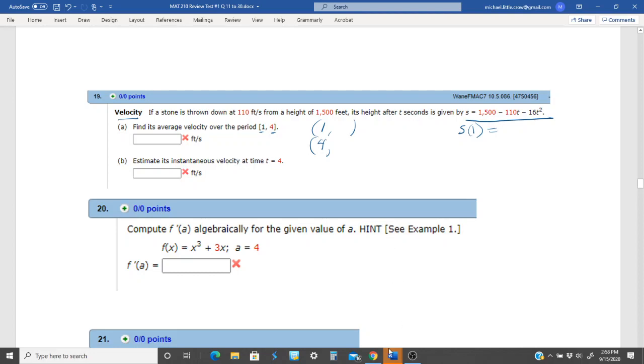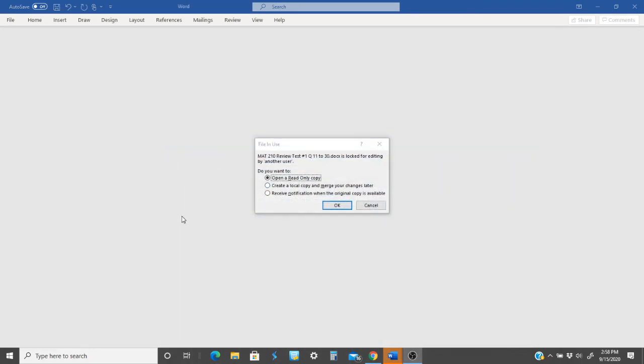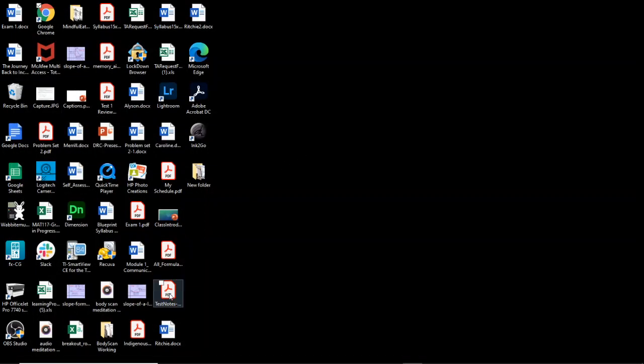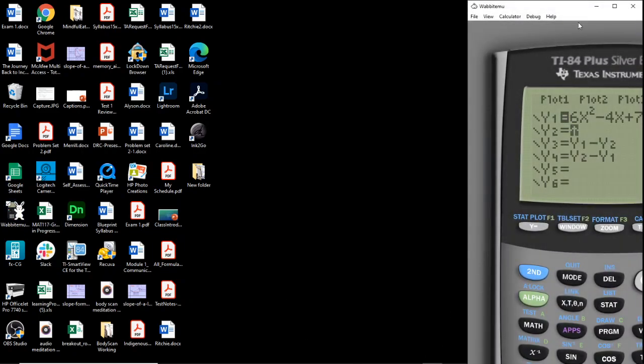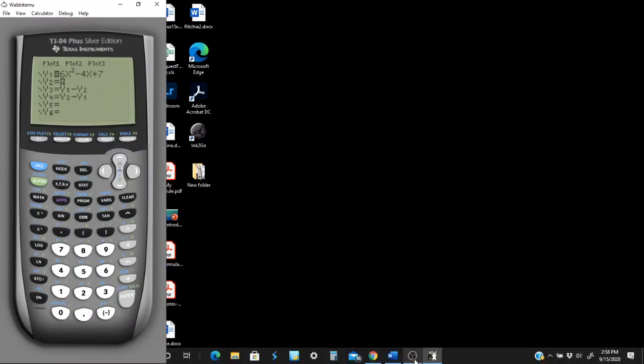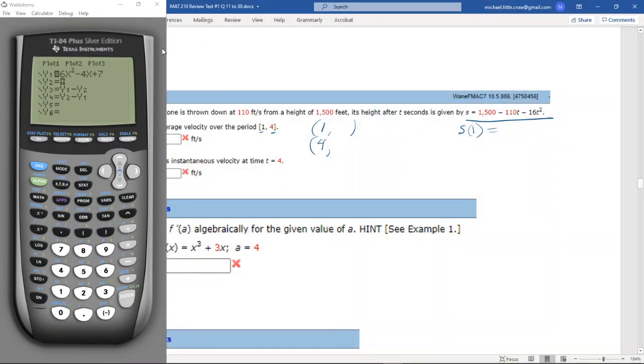And my favorite way of doing this is using the graphing calculator. So we'll just enter it in. Let's clear out this one.